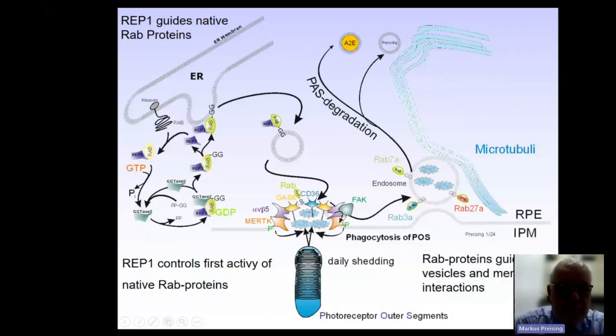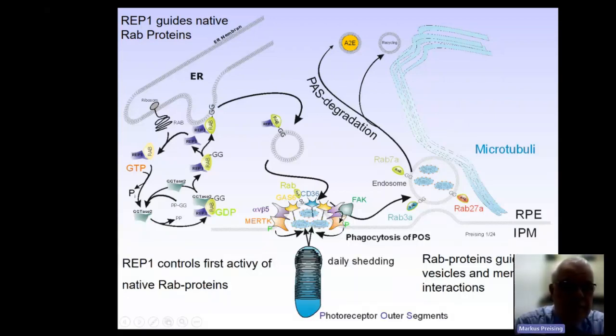Even though Rep27A has the lowest affinity towards Rep2, it has a high reaction rate, and therefore a substitution of Rep1 by Rep2 is not fully establishing the function that is lost when the Rep1 protein is not functional.